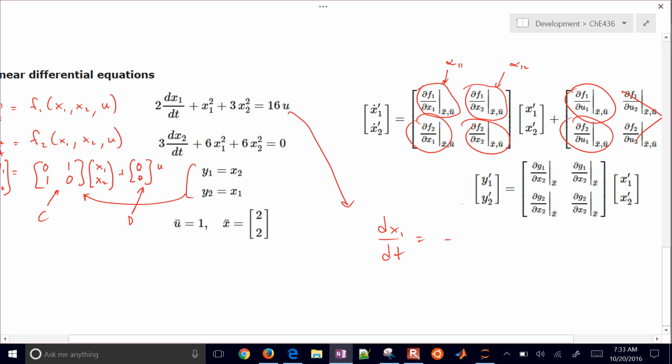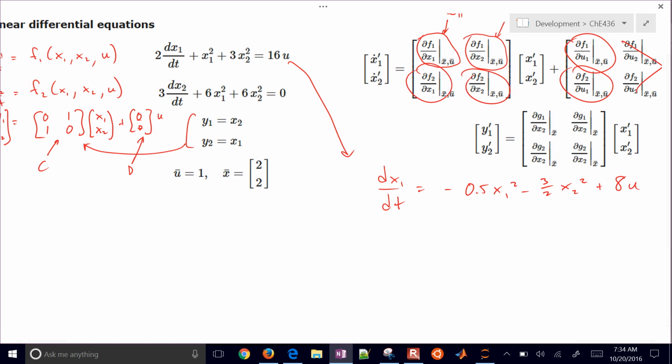So this is going to be negative 0.5 x1 squared minus 3/2 x2 squared plus 16 divided by 2, which is 8 times u. There's our first equation with just the differential term on the left hand side.